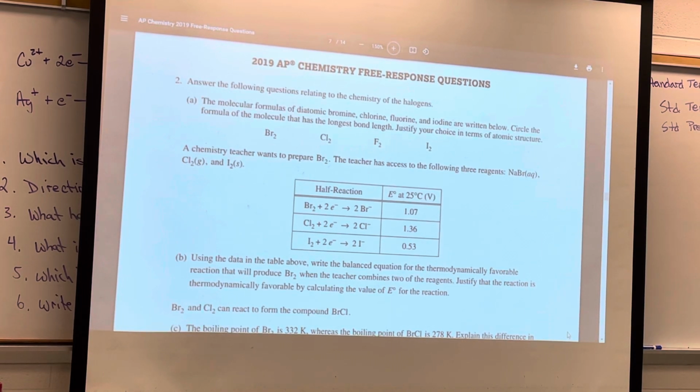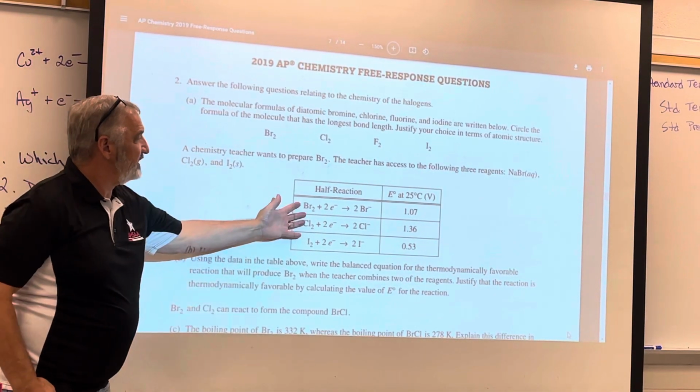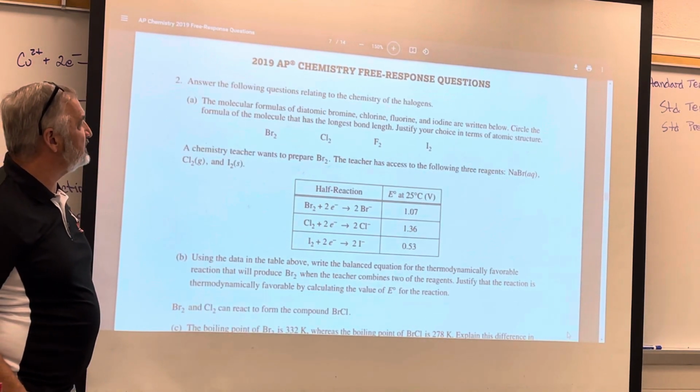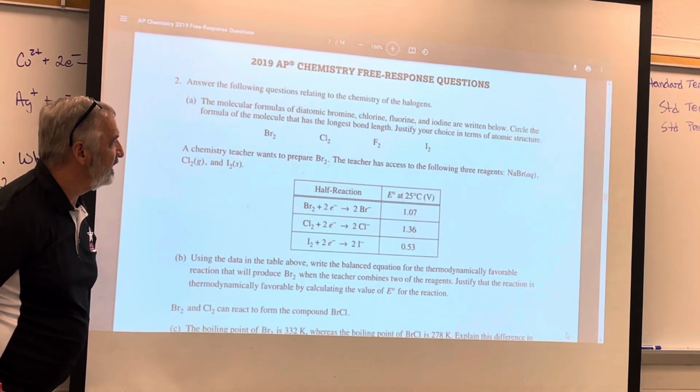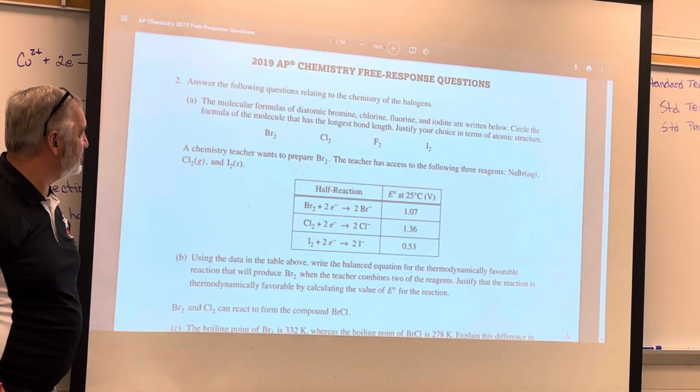All right, so now here, totally unrelated to A is part B. A chemistry teacher wants to prepare bromine. The teacher has access to the following three reagents, and they're given NaBr, Cl2, and I2.